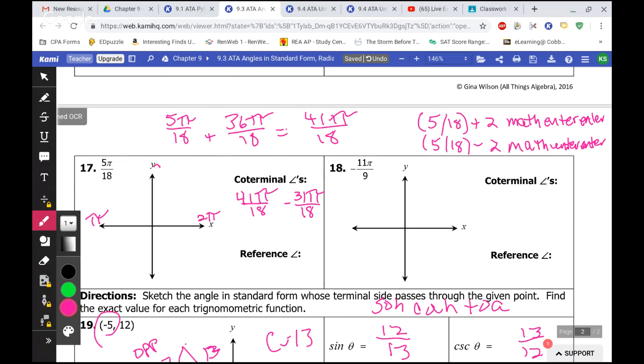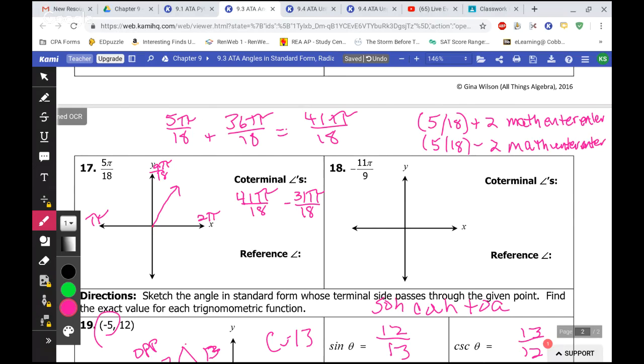This is going to be 9 pi over 18, right, if you're breaking it down? Does that make sense? And so 5 pi over 18 is going to be roughly in the middle here, I'd say, right? Is that making sense or not making sense? That makes sense. Okay, good.